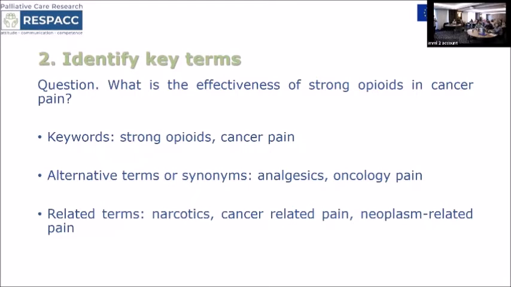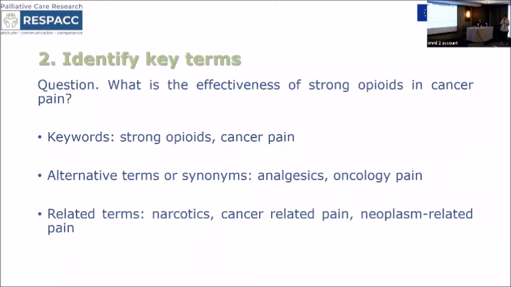So, for example, if we go at a question which is not a PICO question, we haven't written it as PICO, it was the initial one, that's how we thought: we are interested in strong opioids in cancer pain. It was our narrow question. And maybe there is a third word which is missing here.